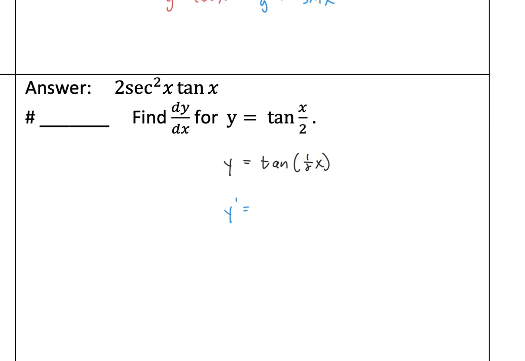The inside is a 1/2 x and the outside is tan x. So just right away, take the derivative of the outside function. So derivative of tan is secant squared. But instead of writing secant squared of x, you'll write secant squared and you'll keep the inside in there. And then just on the outside times by the derivative of the inside. So derivative of 1/2 x is just 1/2, and that's it.